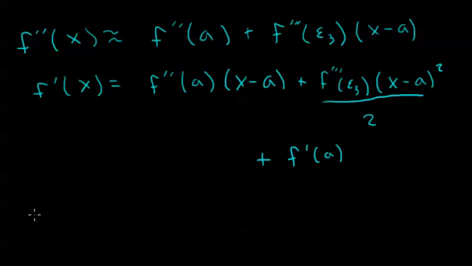We can say that each time we go to a higher order, we end up with the function evaluated at a plus some other term evaluating the derivative with the highest order that we're approximating to.